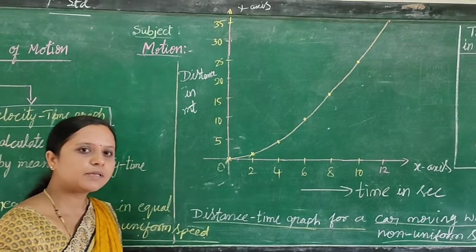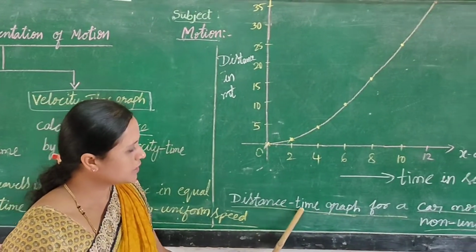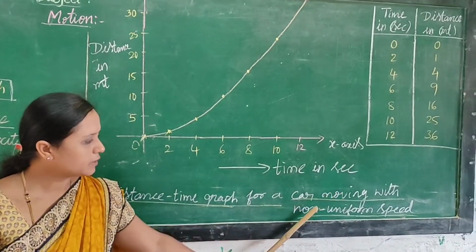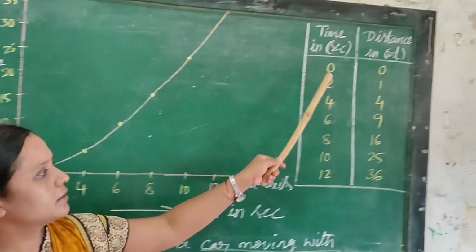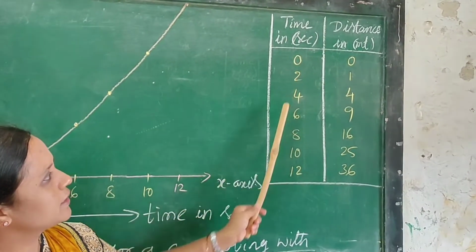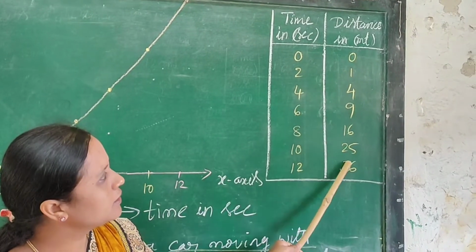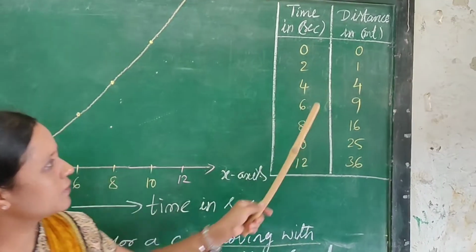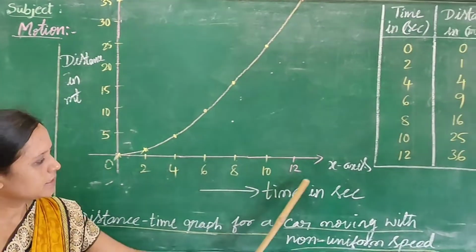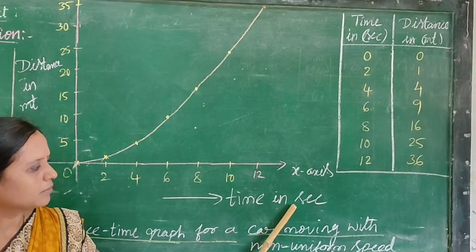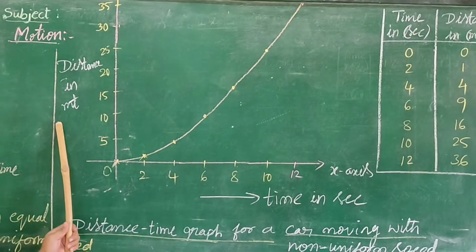Students, now we will discuss the distance-time graph for a car moving with non-uniform speed. Here are the observations taken: the time is in seconds and the distance is in meters. According to this observation, I plot the graph here. The x-axis is taken as time and the y-axis is taken as distance.